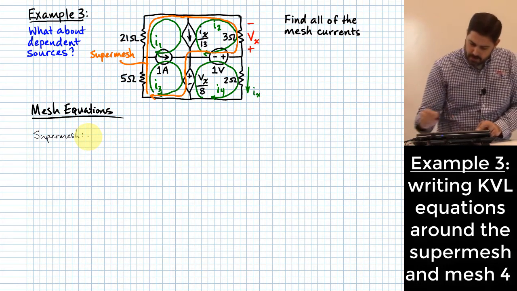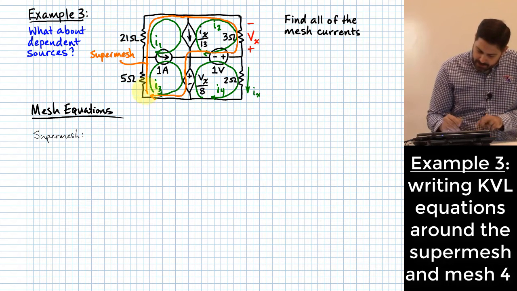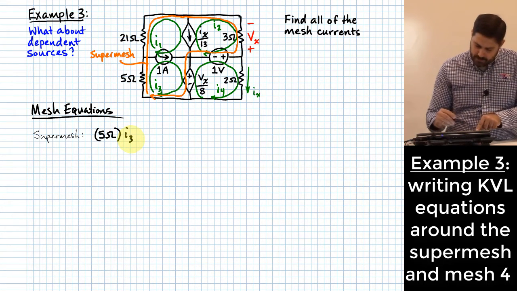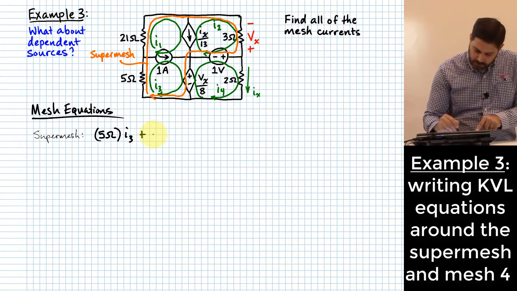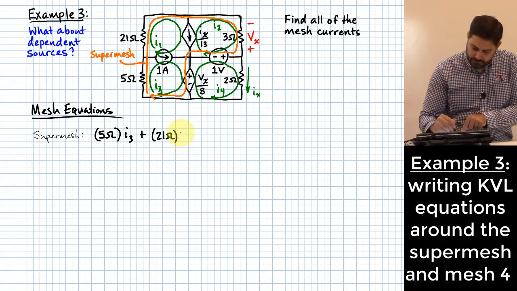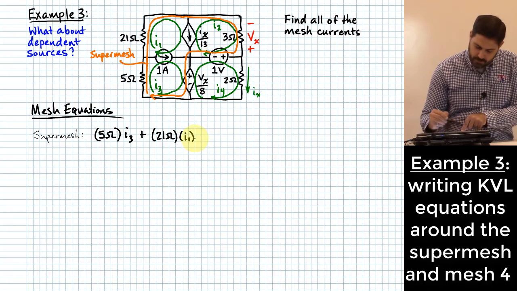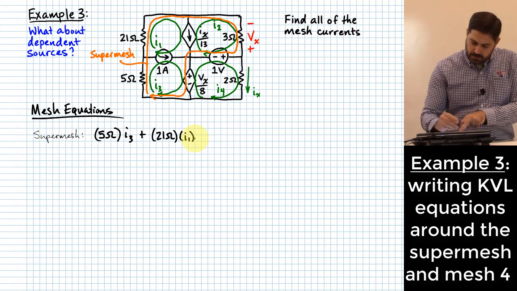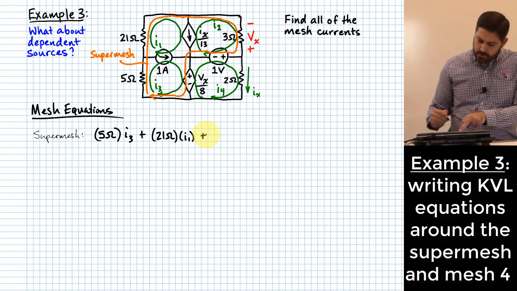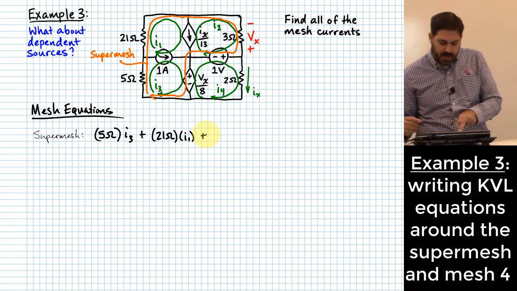So there I've got 5 ohms times I3 plus 21 ohms times I1. Then what? Plus 3 ohms times I2.